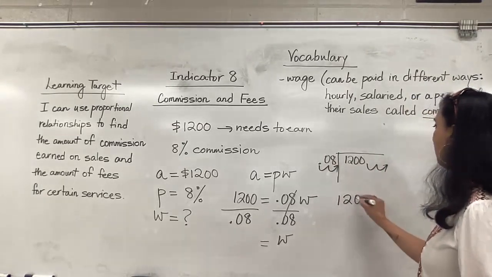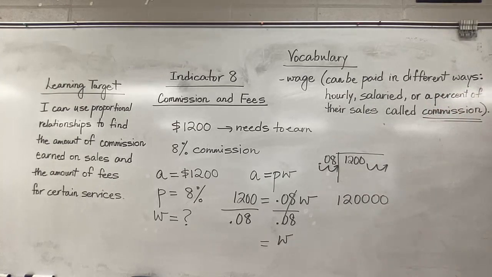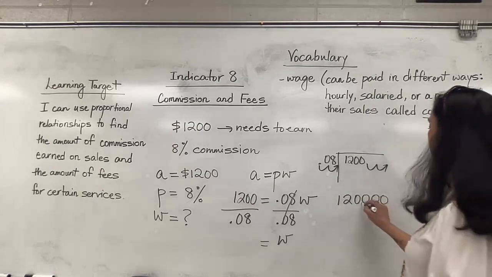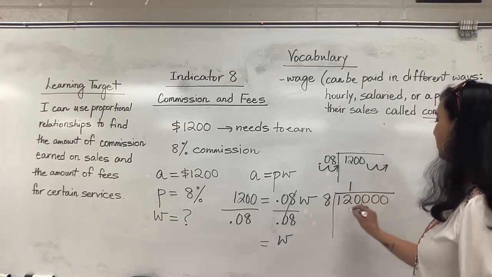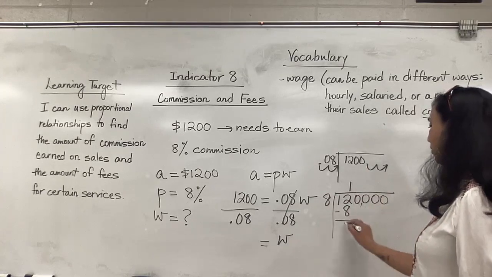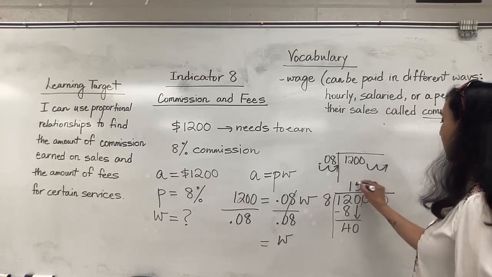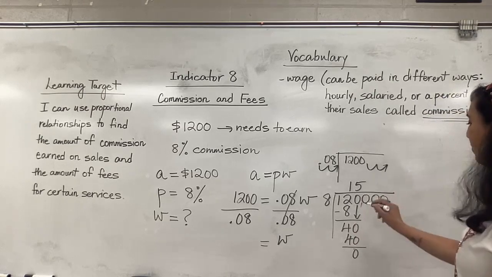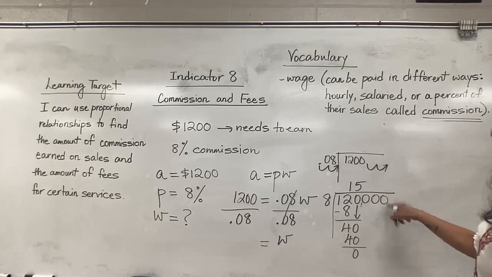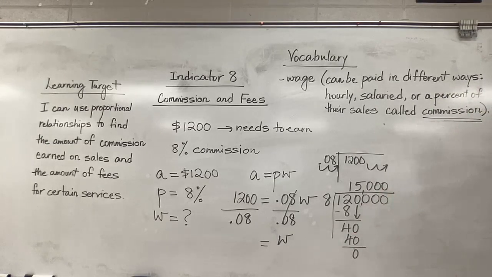And so my number is going to be this now, right? So I have 120,000 divided by 8. 1 times 8 is 8. I get a remainder of 4. I bring this down. 5 times 8 is 40, and I get 0. And then I have 1, 2, 3 zeros, which I am going to put up here in the quotient.